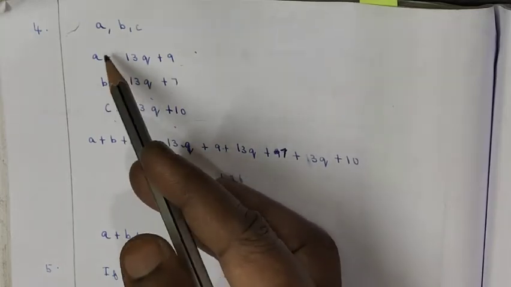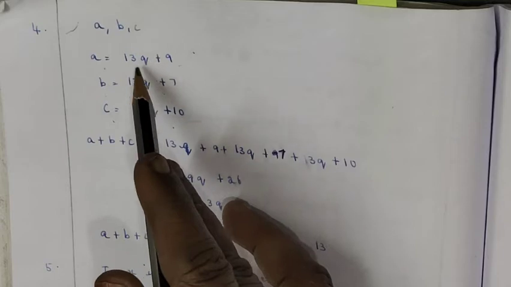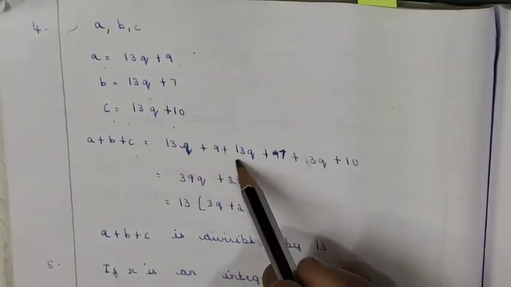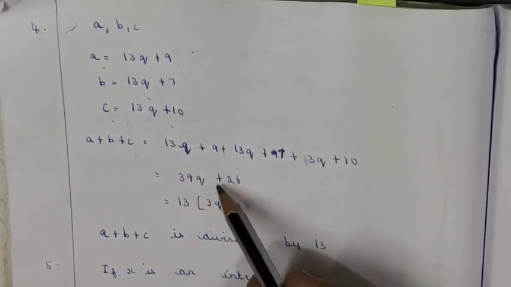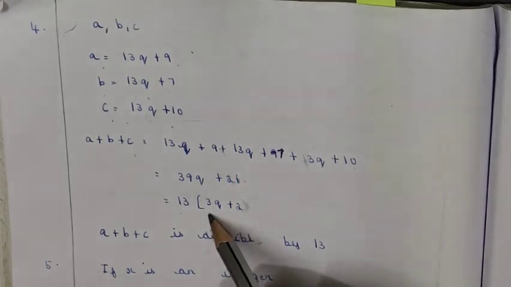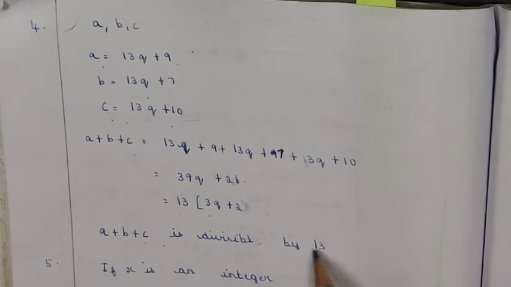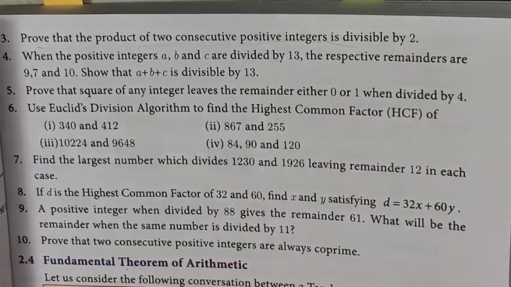Now A plus B plus C: adding all these numbers, 13Q plus 9 plus 13Q plus 7 plus 13Q plus 10 is 39Q plus 26. Taking 13 outside, it gives 13 into 3Q plus 2. So A plus B plus C is divisible by 13, since it is a multiple of 13.